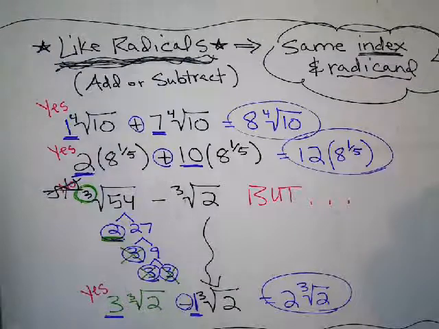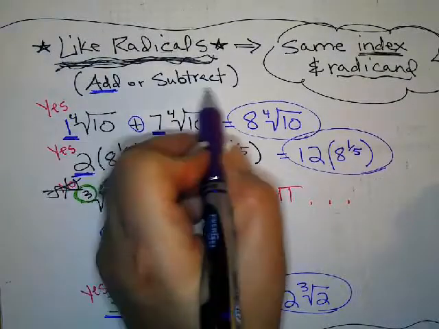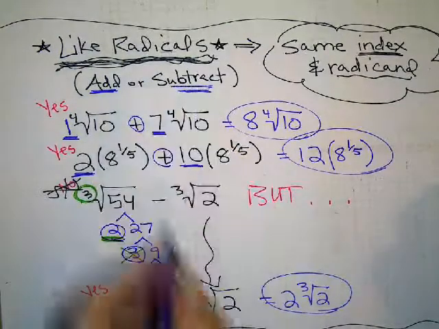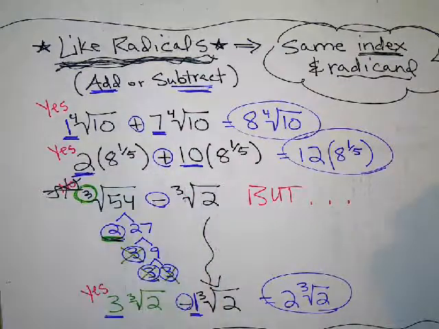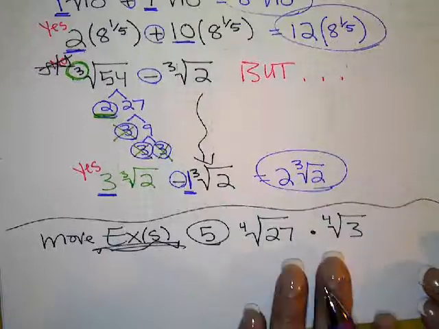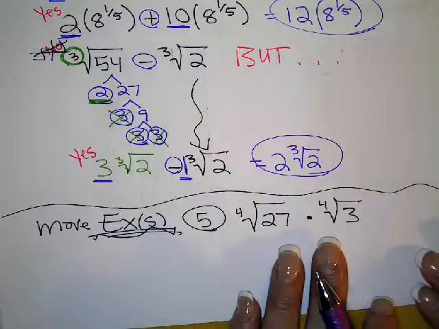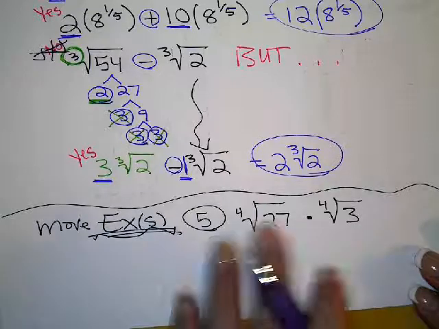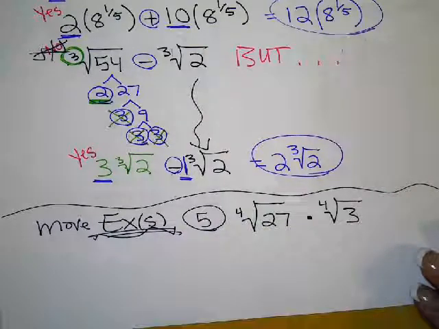These were adding or subtracting. So when we talk about multiplying, multiplying is different. Again, we could try to break down our numbers, because I know one of these numbers is going to break down. Which one would break down? The 4th root of 27 or the 4th root of 3? Which one breaks down? Yeah, very good.